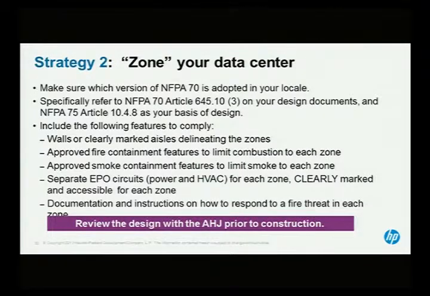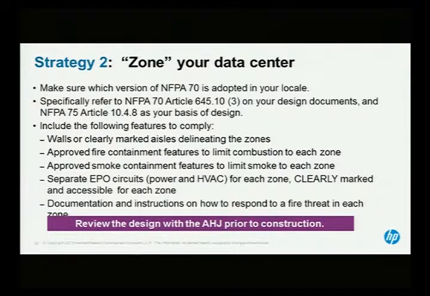The walls, as we discussed, the approved containment areas so that the smoke can't go from one area to another, separate EPO circuits for each area, clearly identified, again, not necessarily accessible, but identified, all right? And then document the instructions on how the fire alarm people and your own people are going to use and respond to those zones. And then you review it with the AHJ prior to building it.